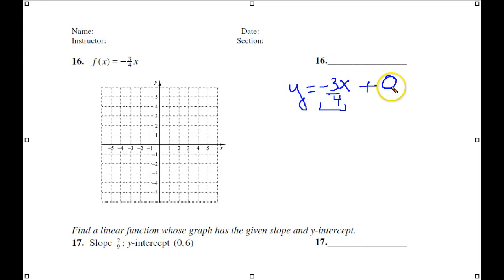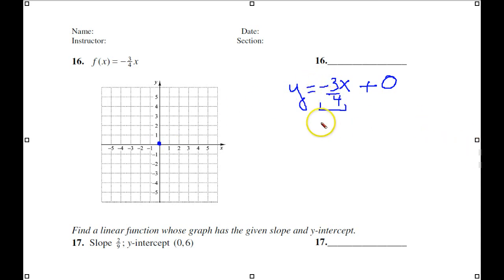In a sense, the B position, there's nothing there. So it would be 0. But that tells us something. Since the y-intercept is not there, it's 0, our graph is going to go through the origin. And it's from the origin, then, we plot the slope.